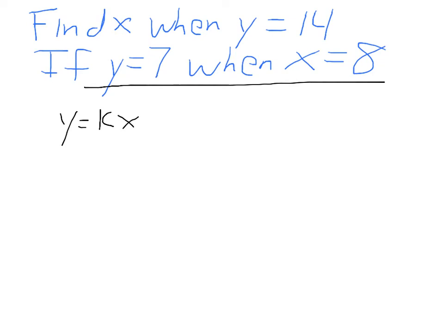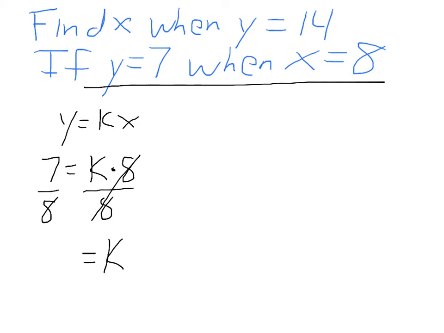Y equals 7 when x equals 8. I'm given both my x and a y because I need to find my k. So I'm going to go 7 equals k times 8. Divide both sides by 8, and so k will equal 7/8.